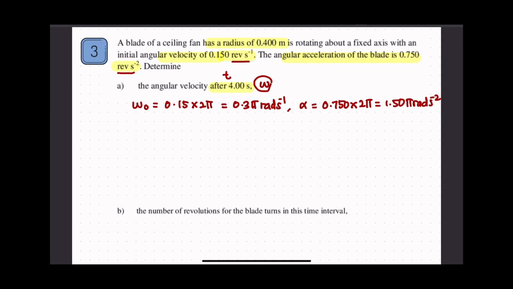So the suitable formula is omega is equal to omega naught plus alpha t. Omega naught is 0.5 pi, plus alpha 1.50 pi times 4 seconds. So we get the value 19.79 radian per second.